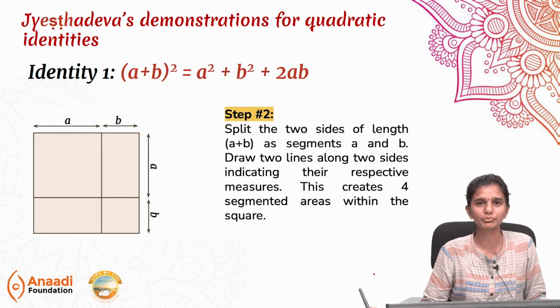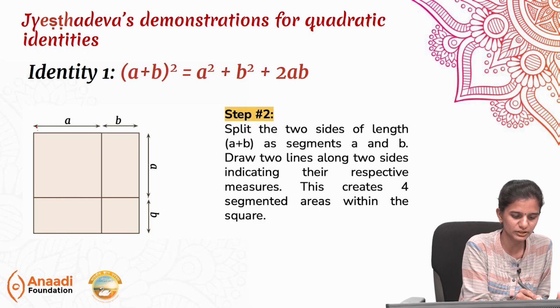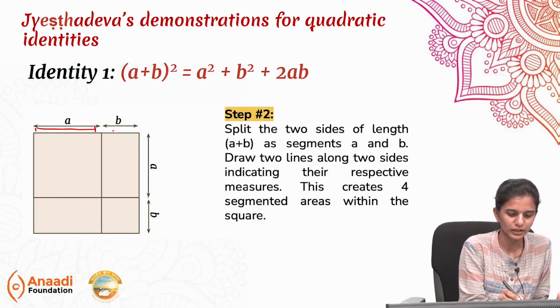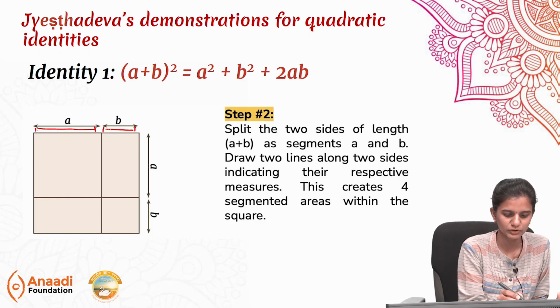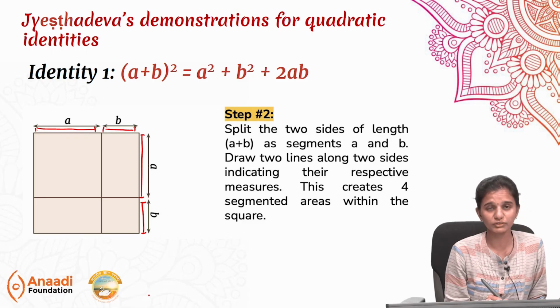In the next step, we are going to split the length a plus b as a and b. So, this would be the length a and this would be the length b. What are we going to do now?